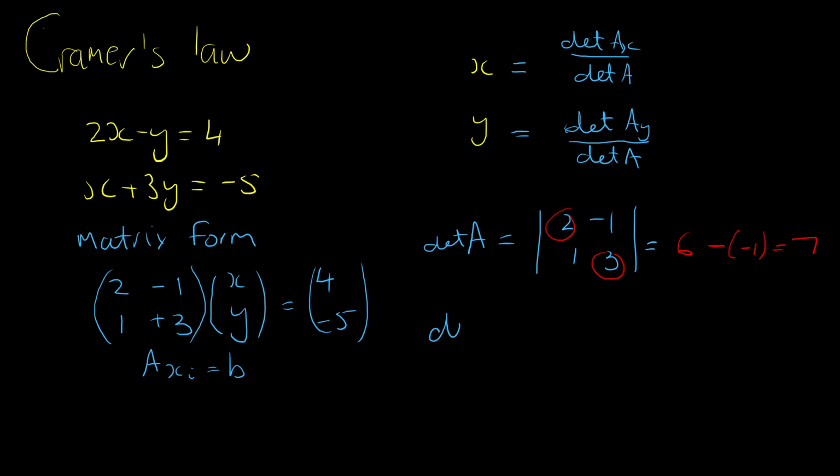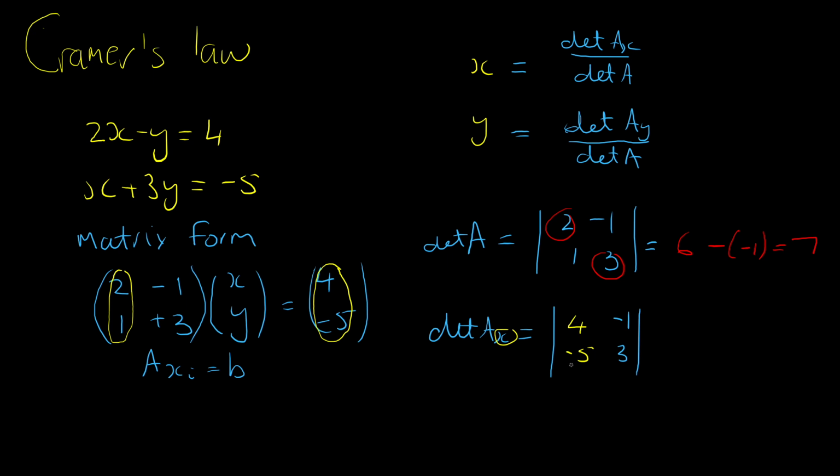Next we need to get the determinant of Ax. To get the Ax matrix, we take the A matrix and substitute the x column. We look at the x coefficients, which are the 2 and the 1, and substitute them with the 4 and the minus 5. The y coefficients stay the same.